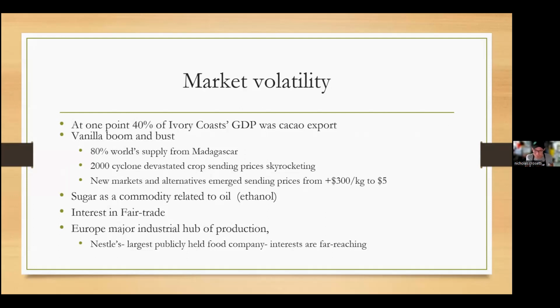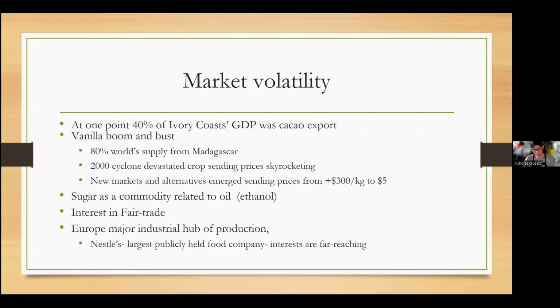The thing about the global industry about chocolate is it's hugely volatile. Just as we've kind of talked a little bit about, it's kind of hard to grow cacao.